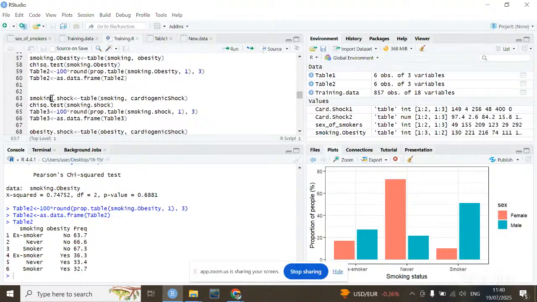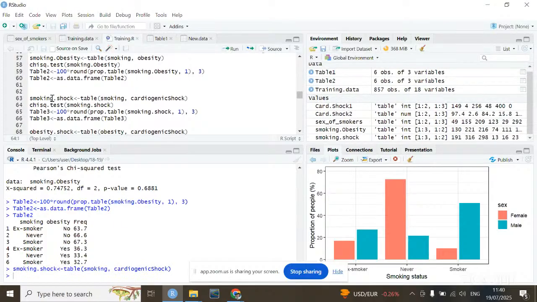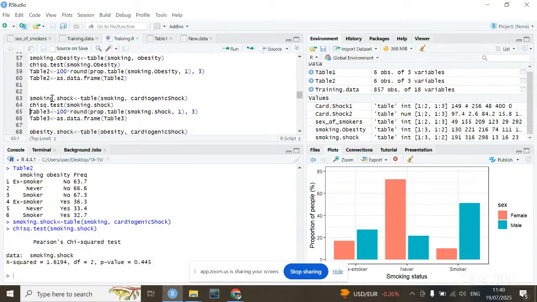We also look at the association between smoking and the cardiogenic shock. So when we did the association test, there was no significant association, given that the p-value is 0.445.